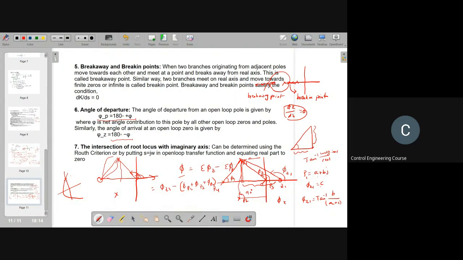We usually need to know that because for tuning the K value we need to know what K we can choose. We can find that using the Routh-Hurwitz criterion, or otherwise we can simply substitute s equal to j omega in the open loop transfer function and equate the real part to 0. We'll solve some other examples.